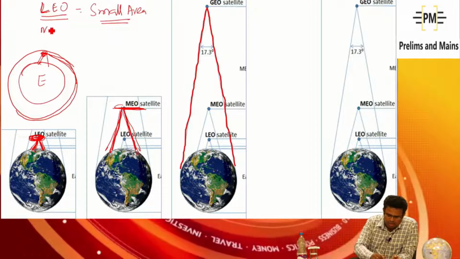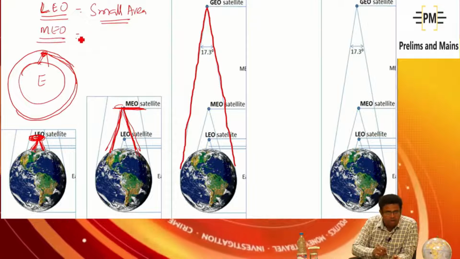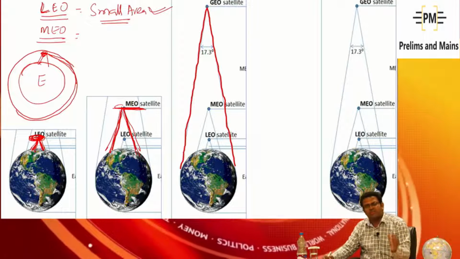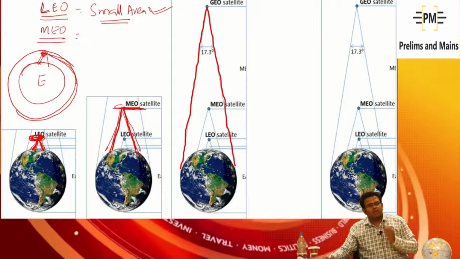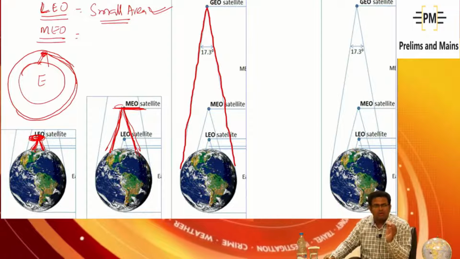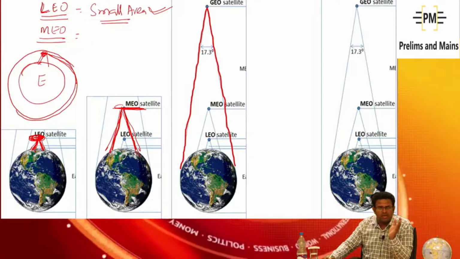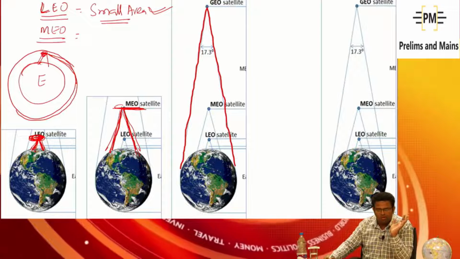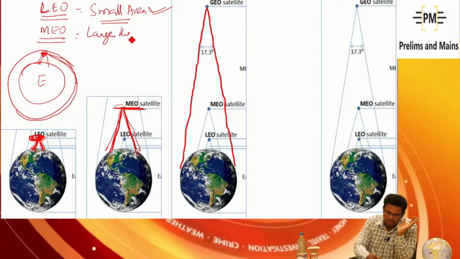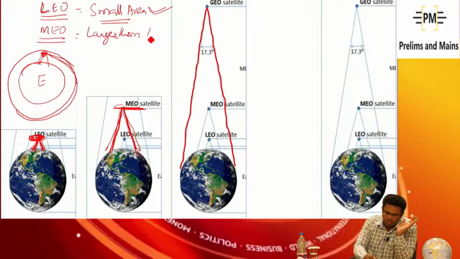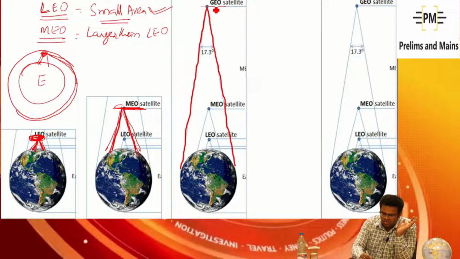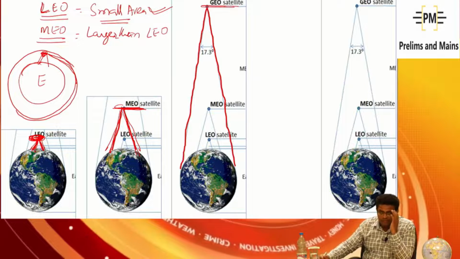So in the LEO the signal is reaching a very small area, clear? And in the medium Earth orbit the signal is reaching a larger area than low Earth orbit.